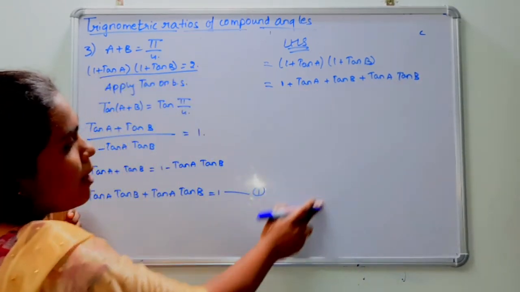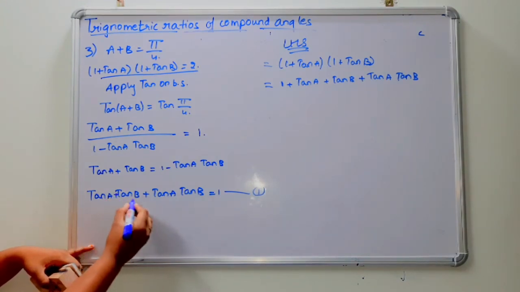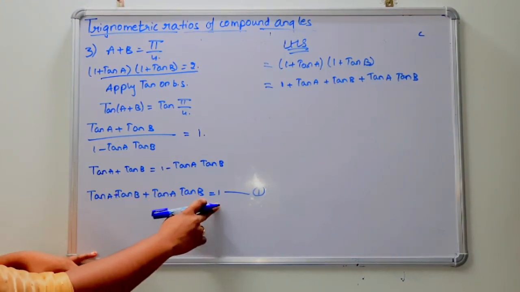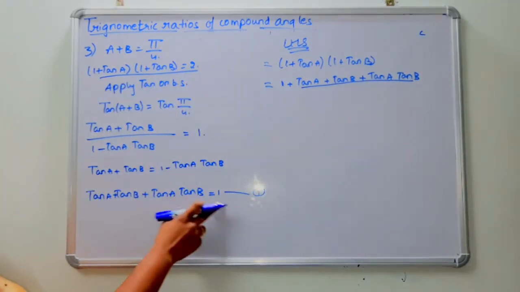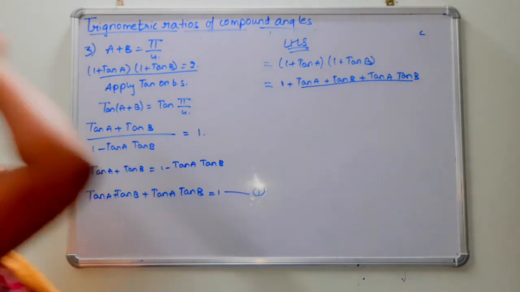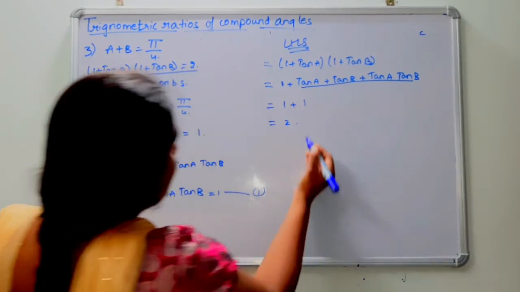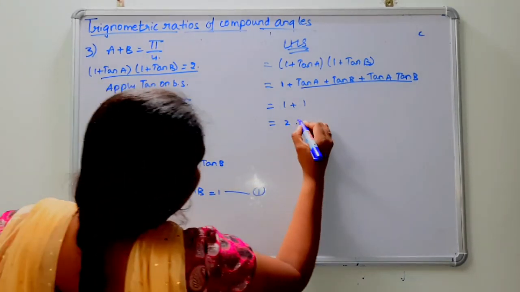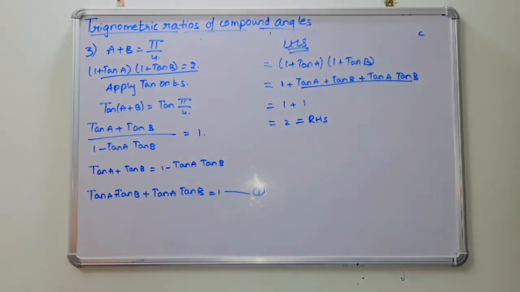Here, from the first equation, tan a plus tan b plus tan a tan b is equal to 1. So substitute in it. 1 plus 1 is equal to 2. 2 means what? It is the RHS. LHS is equal to RHS.